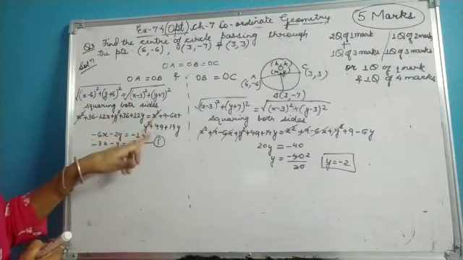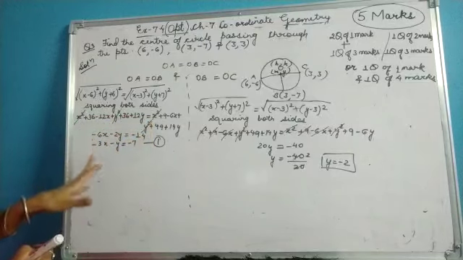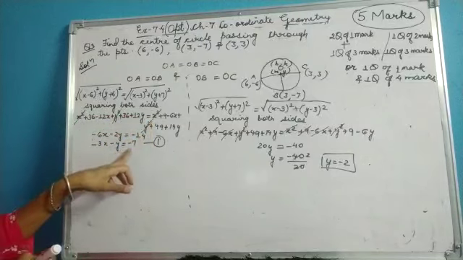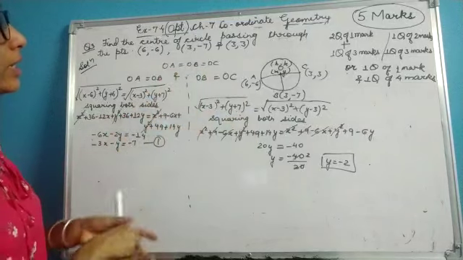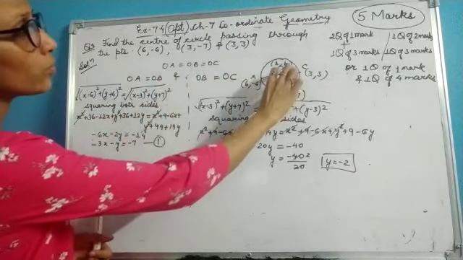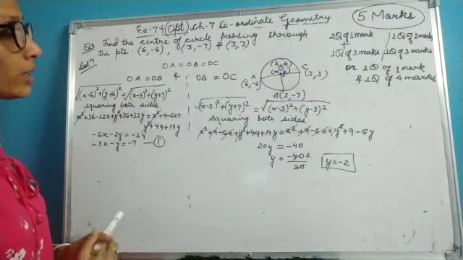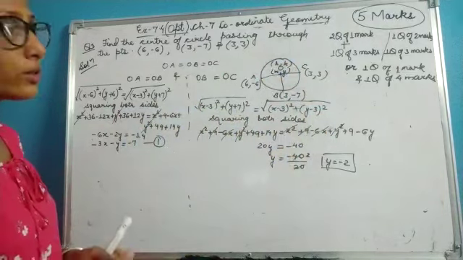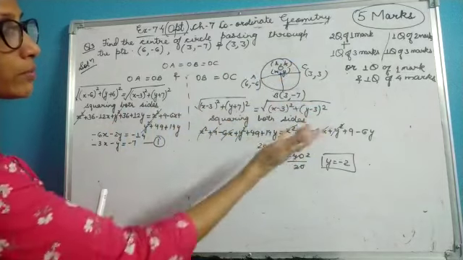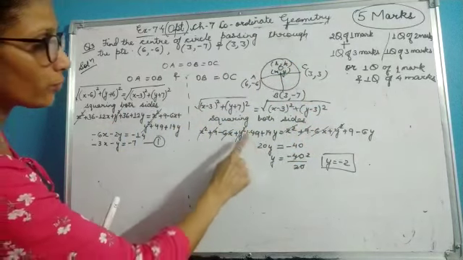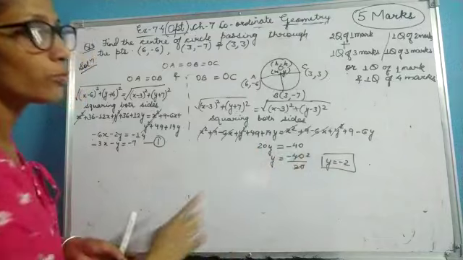Here the things have cut and the final result is coming out to be minus 3x minus y equal to minus 7. Simultaneously, I have again written OB distance and OC distance. Again, I have done squaring both the sides and I have cancelled the terms which are of same sign on both the sides. So from here I am getting y equal to minus 2.